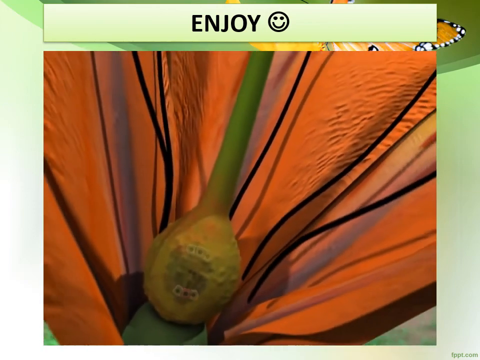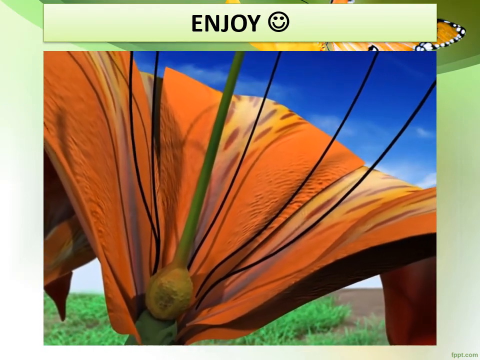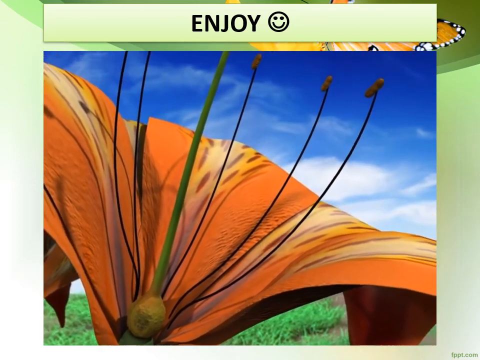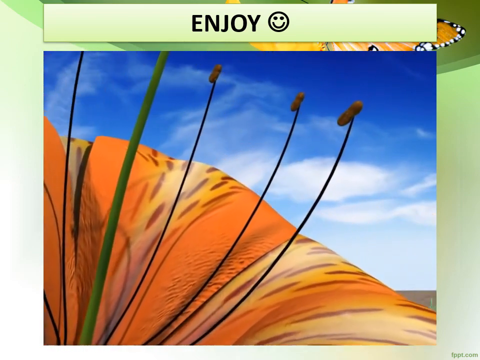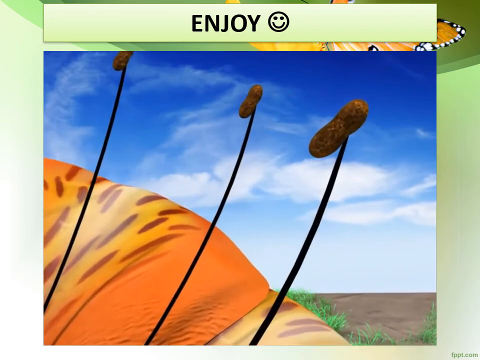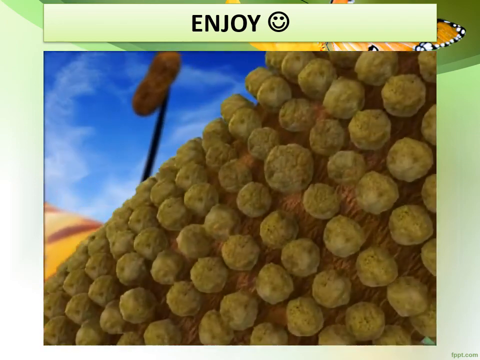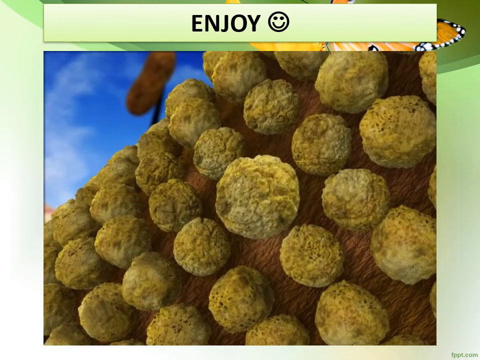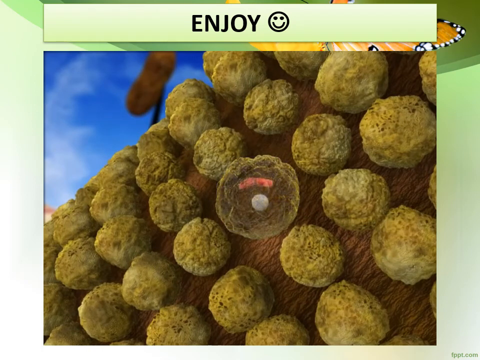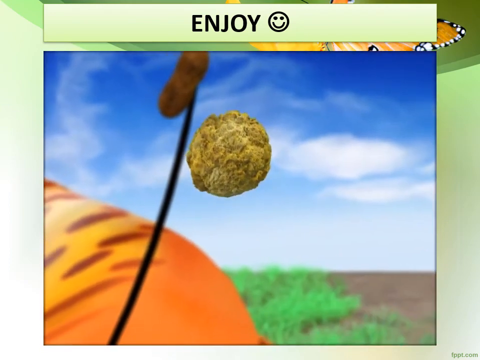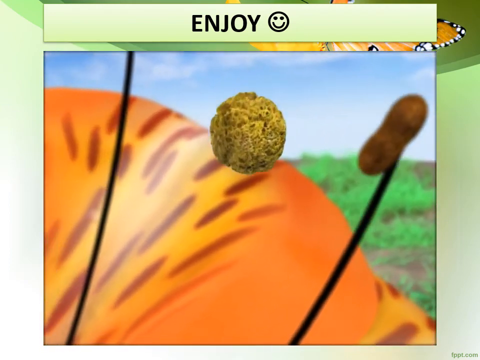In order for the double fertilization event to occur, the male gametes, the sperm, must travel from the anther to the embryo sac within the female reproductive organ. The pollen grain contains two main cells. A cell named the tube cell makes up the bulk of the pollen grain, and the sperm cell, which at this stage is known as the generative cell. To reach the embryo sac, a pollen grain must land on the stigma.